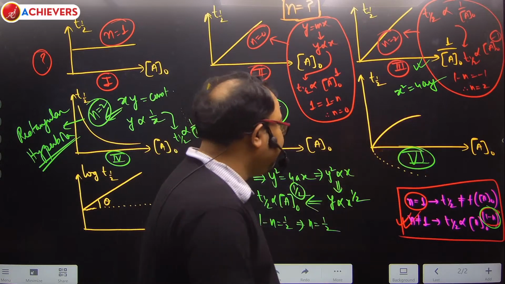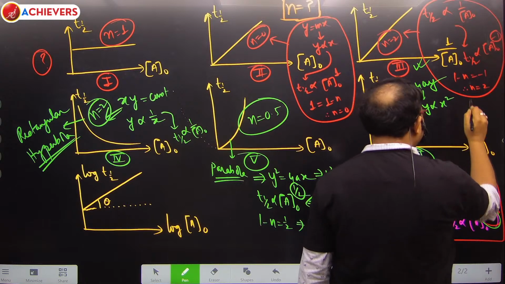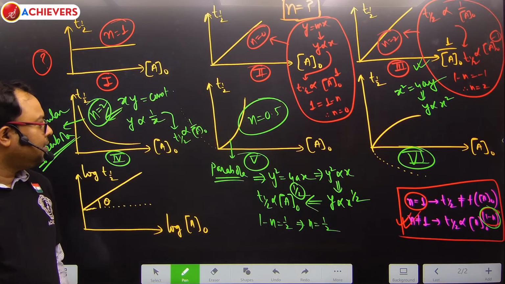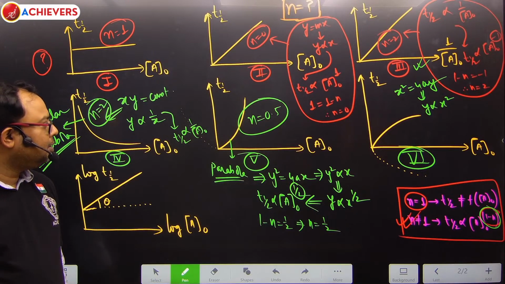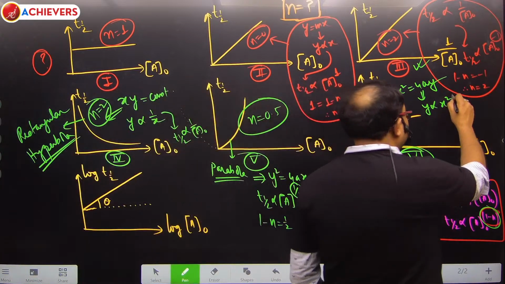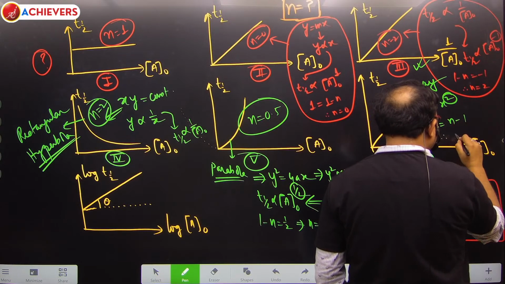We are already acquainted with that. That means y is proportional to x square. So this 2 must be equal to n minus 1. That makes n equal to 3.